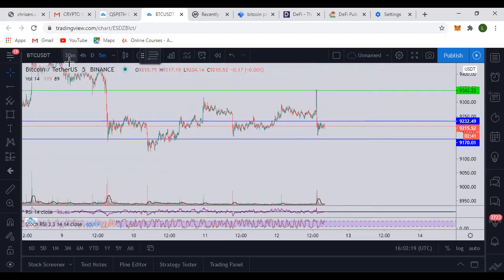This is the 5-minute time frame. See all these places where I marked support and resistance. This place I marked as support, then support here, and up here I marked as resistance. Let's check these same ranges in the 4-hour chart.